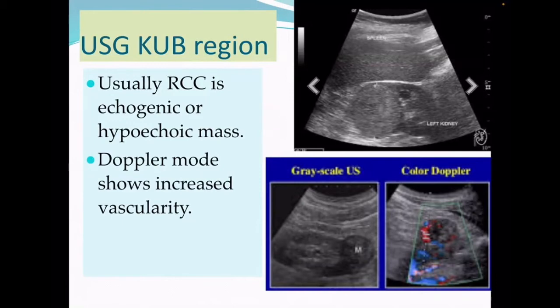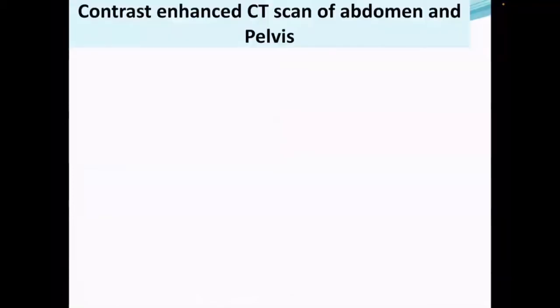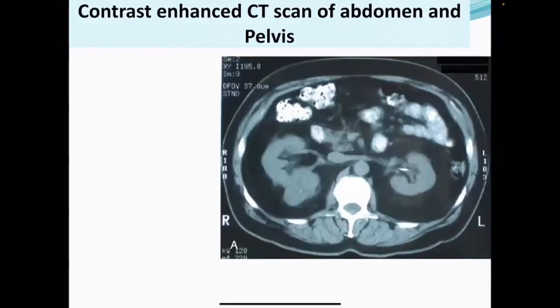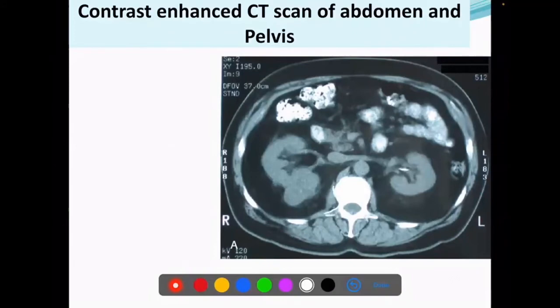So for better diagnosis, we always go for contrast enhanced CT scan of abdomen and pelvis. Contrast enhanced means basically we give contrast. IV contrast is used, obviously. Okay, see here, see the kidney. This is the vertebra, you know that. This is the aorta.